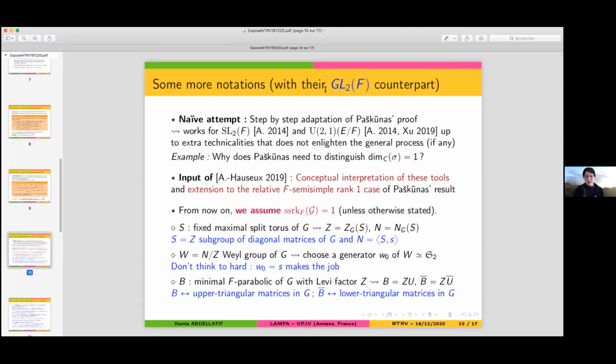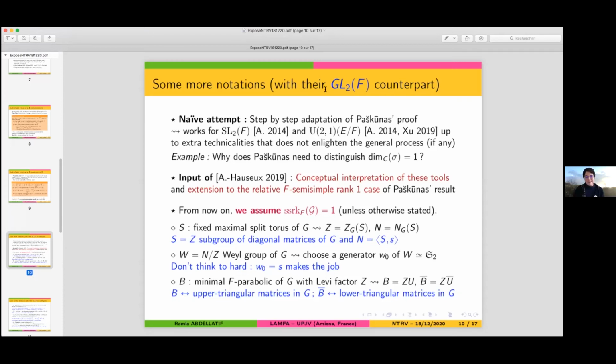And a consequence of that is that our main result is that we can extend Paskunas' result for arbitrary G of F semi-simple rank 1. So in particular, this covers these 2 special cases, but it also gives information on other cases. So I will say a word on that later. So from now on, I will just assume that G is of semi-simple rank 1, okay? Unless otherwise explicitly stated. There's one place where I will not assume that.